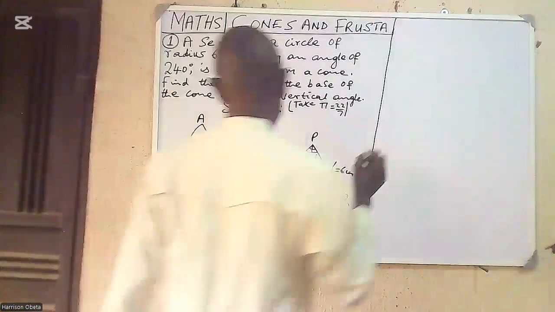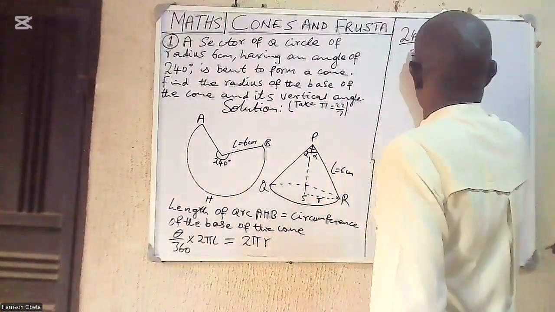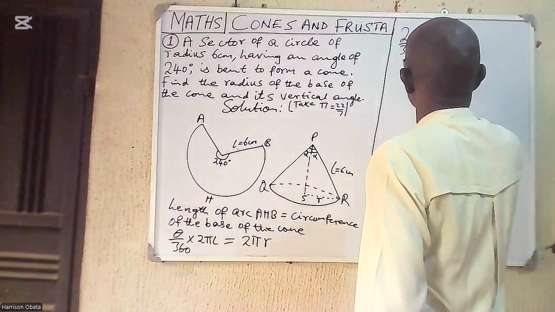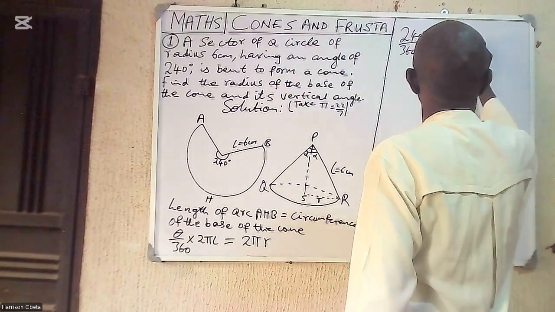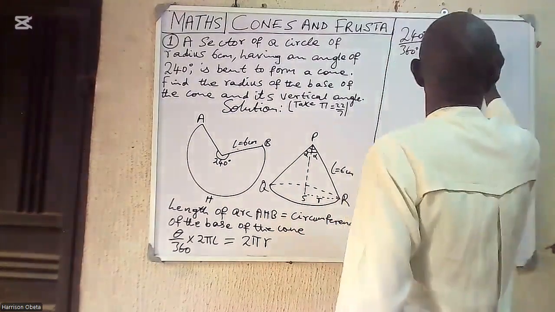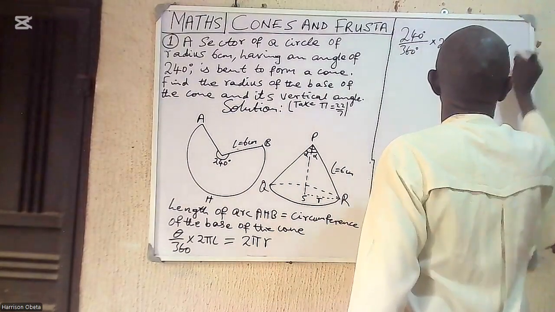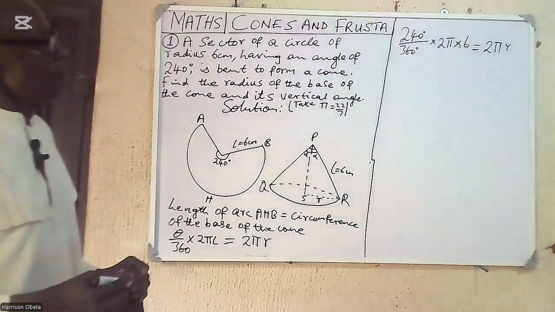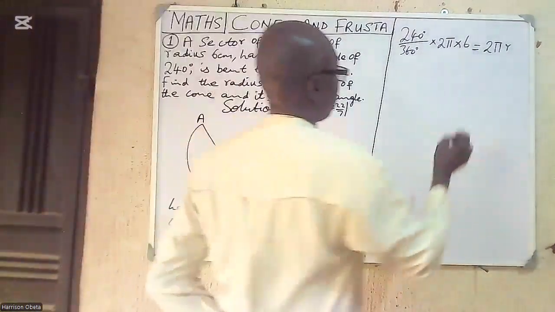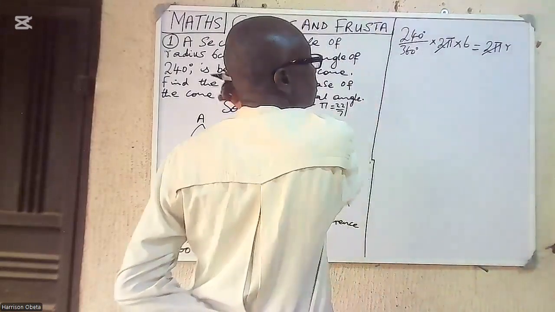So continuing, we have 240 all over 360 times 2 pi times 6 equal to 2 pi R. And if you check, you discover that we can reduce by dividing through by 2 pi.